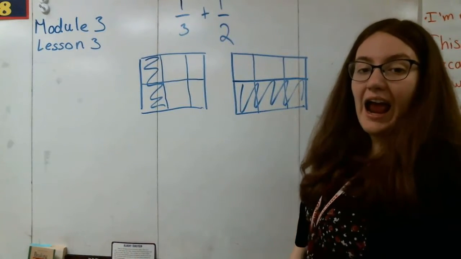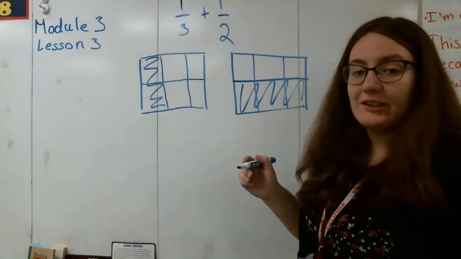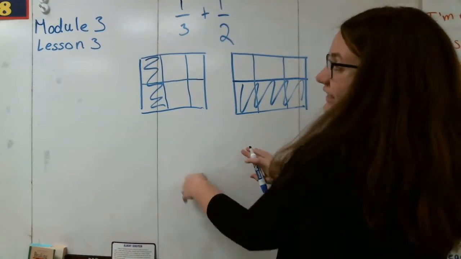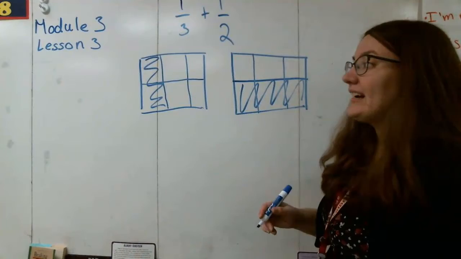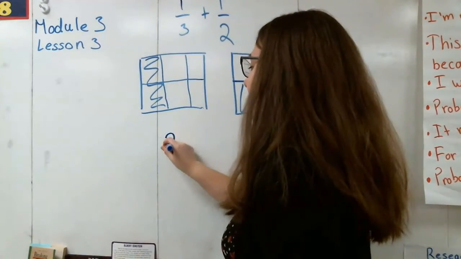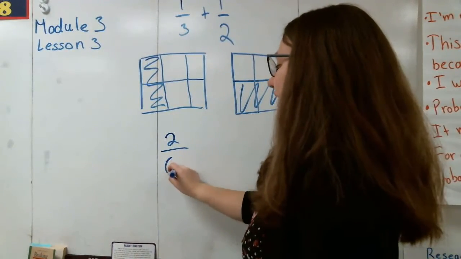So now I have equivalent fractions that I just made, so I'm going to write down what these fractions now are and check that they do have common denominators and that I can add them. So this one, I now have 2 parts shaded in out of 1, 2, 3, 4, 5, 6 shaded parts.